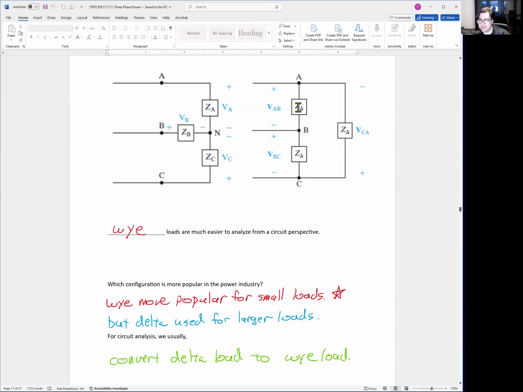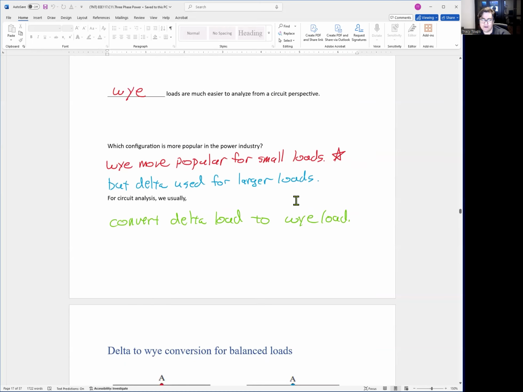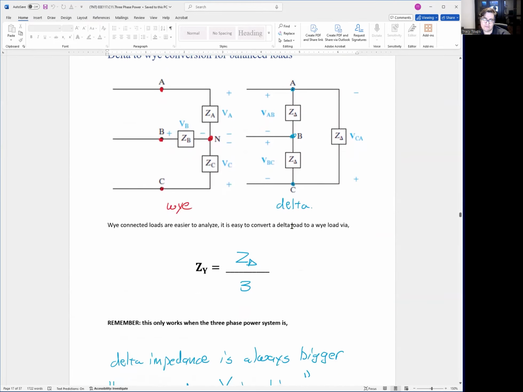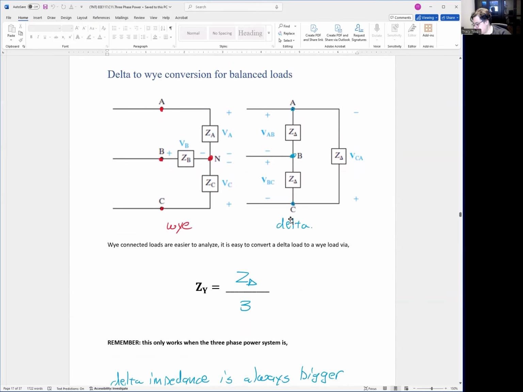A delta connected load gets a little harder because you have to figure out the current flowing through here, and there are extra steps in the calculations. So it's very common, anytime you have a delta load, to convert it to a Y load to make your circuit analysis easier. Now, you learn how to do a Y to delta conversion in Engineering 17 with those resistors.